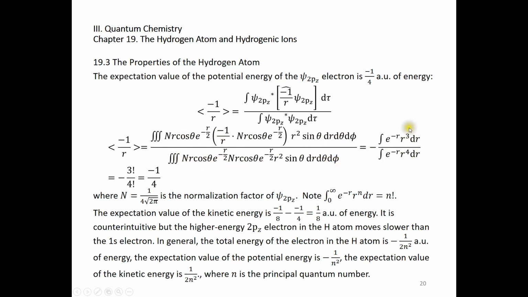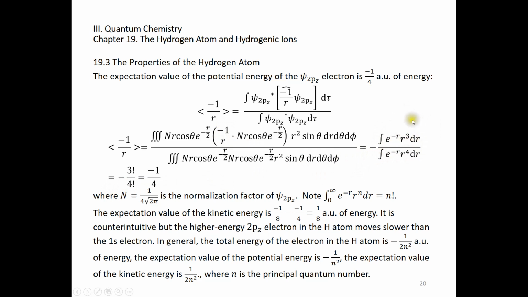That's why you can see there's only the integral of a function of r on top and also the integral of a function of r on the bottom. You have r to the power 3 on top, r to the power 4 on the bottom, only because on top we have this 1 over r operator. The negative sign goes here, and then we can just evaluate this.